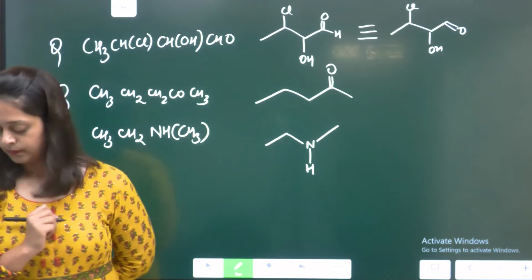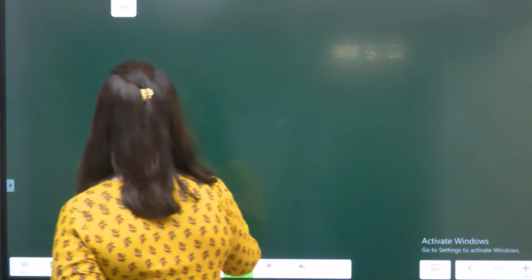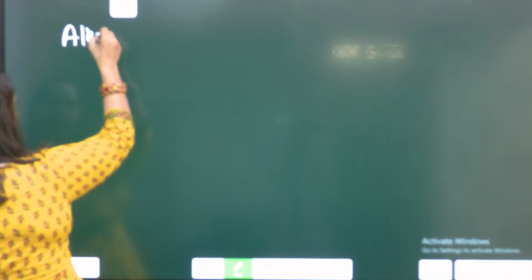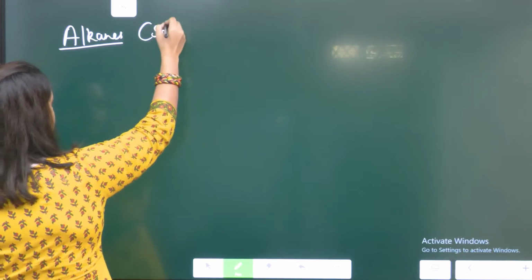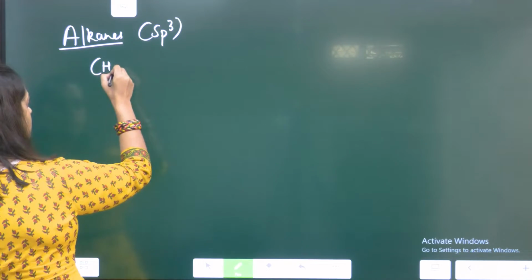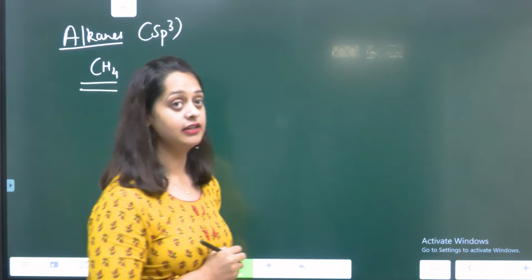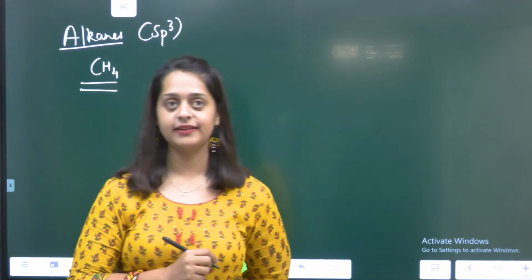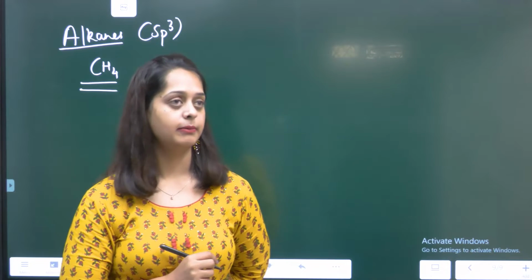Yes, ma'am. Proceeding further, we have already seen the hybridization in the case of alkane, that is, it is sp3 hybridized, right? If I take the simplest molecule CH4 and I did the derivation of its hybridization in the chapter chemical bonding, remember?